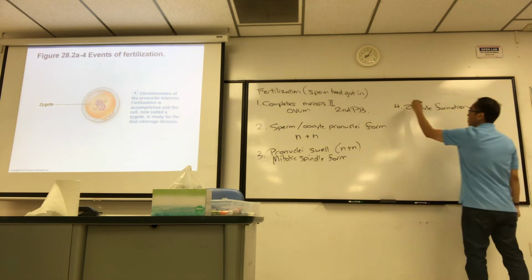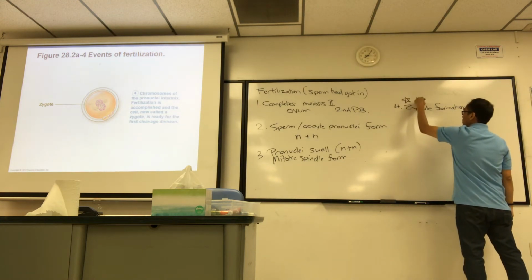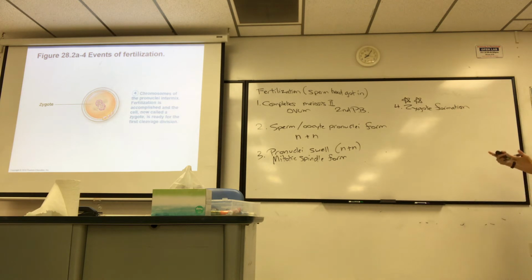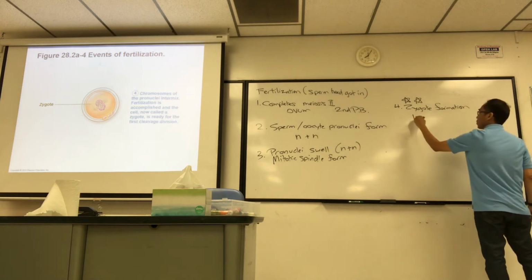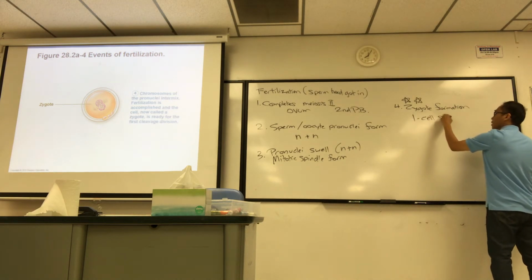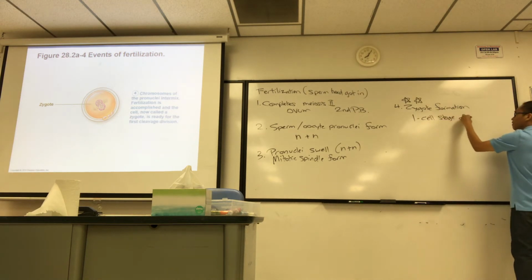That's it. You know, fireworks, bells and whistles. This is it. Okay, this is the 1 cell stage. We all started off life as 1 cell. And this is it. This is the 1 cell. One cell stage of development.